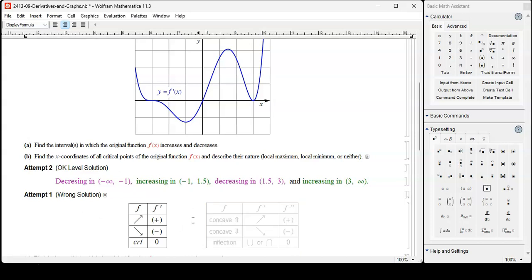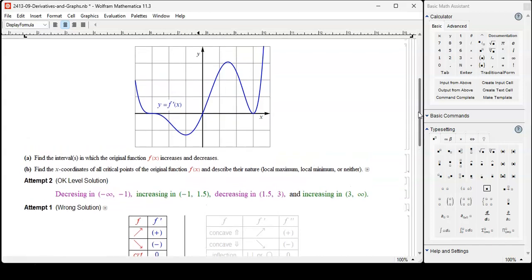Let's look at the first summary. I want the increasing-decreasing nature of the original function. And those are associated to positive or negative of the derivative function. And the graph here is the graph of the derivative function.